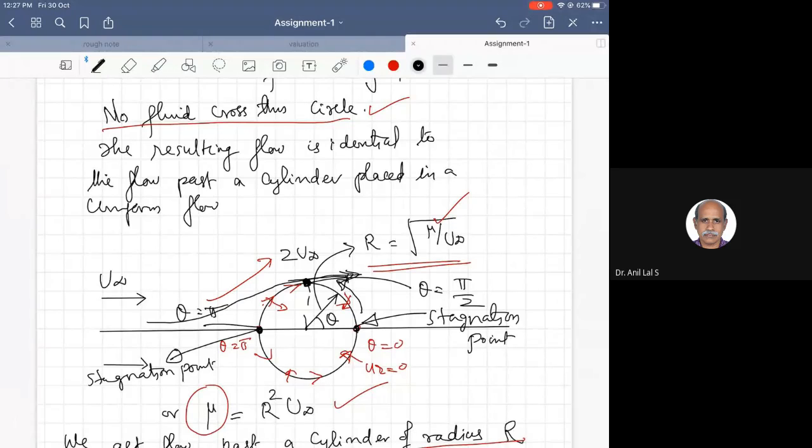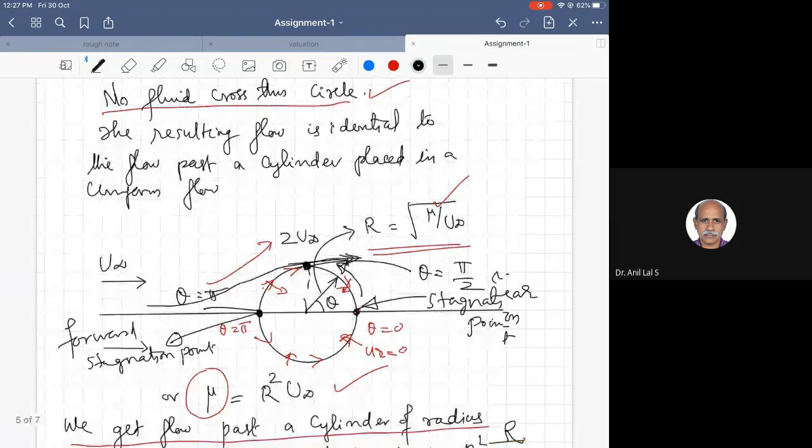The first stagnation point that is facing the free stream is called the forward stagnation point. And this one at the downstream is called the rear side stagnation point.